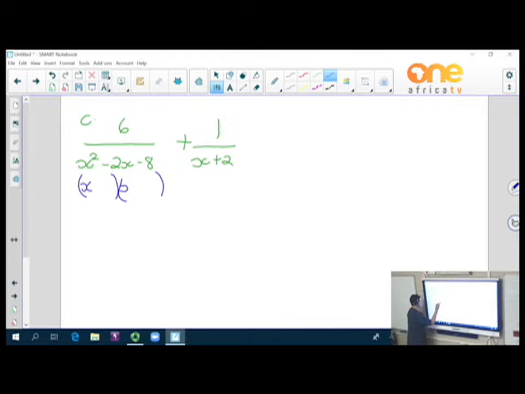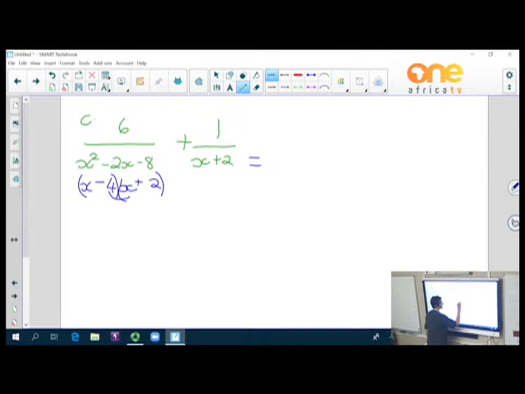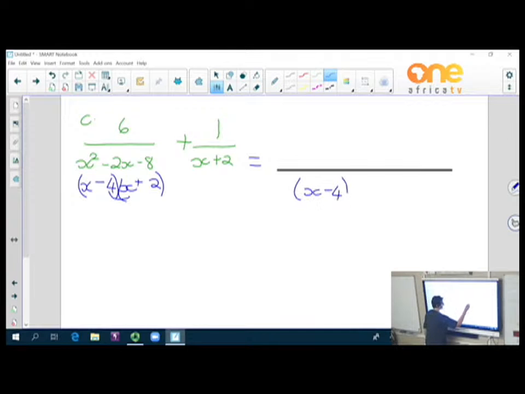So it's x and x. The factors of 8 are 4 and 2. Signs differ. The biggest combination is negative, and that one is positive. So now we need to find the LCM. So what do you need? x minus 4, and I need an x plus 2.